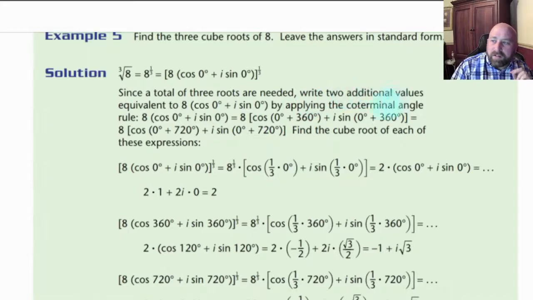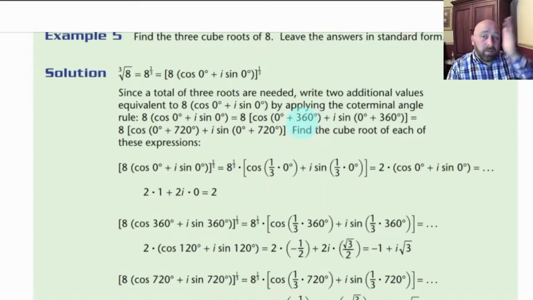Write 2 additional values equivalent to 8 cosine 0 degrees plus I sine 0 degrees by applying the coterminal angle rule. What is the coterminal angle rule? Adding 360 to it. Okay, so we're going to add 360. So we're just going to do that, and then we're going to have to do it again.